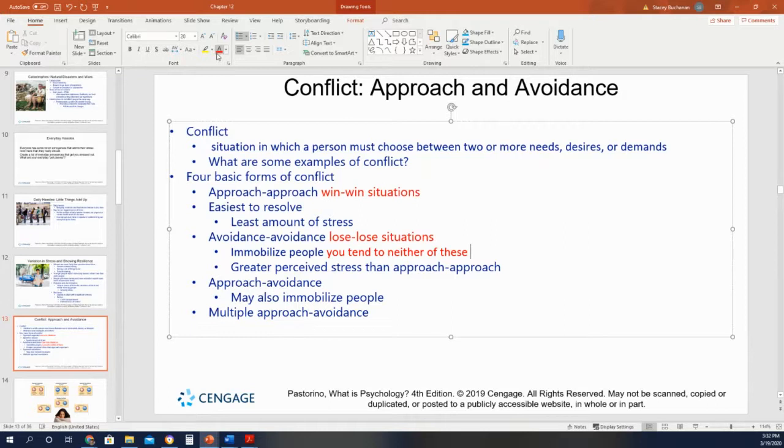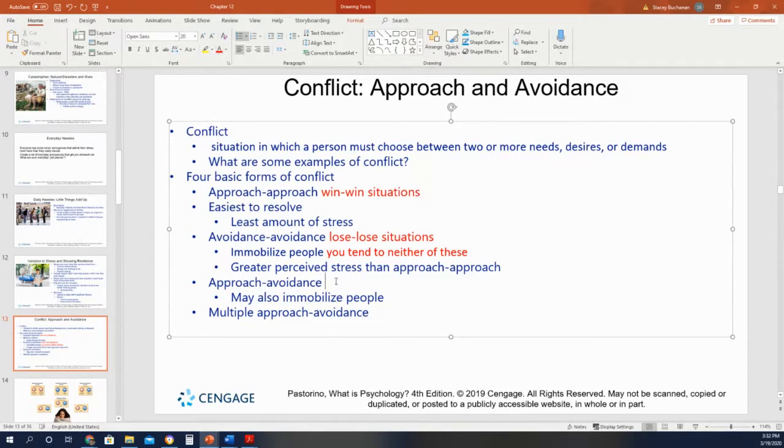That's what I mean by immobilize. It makes it hard to choose between either, so you choose neither. And obviously, there's going to be greater perceived stress because these are both kind of crap situations. You can also think of avoidance as like catch-22s, damned if you do, damned if you don't.